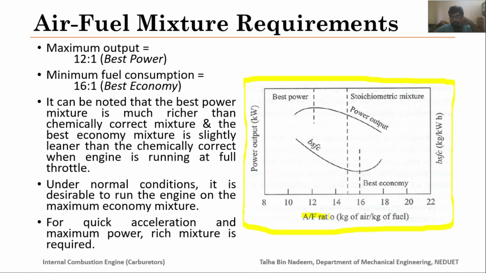First one is of air-fuel ratio, and on the y-axis you can simply see power output, and it is another graph of air-fuel ratio with BSFC, and you can simply call it brake specific fuel consumption as well. It's the short form of brake specific fuel consumption. So we will discuss these graphs one by one.